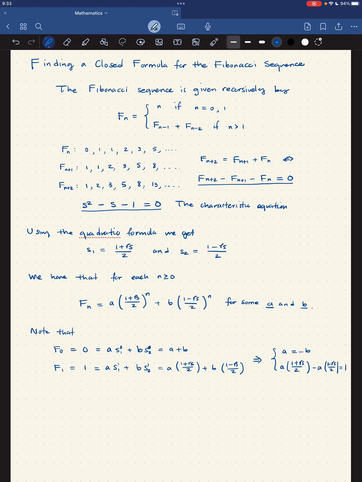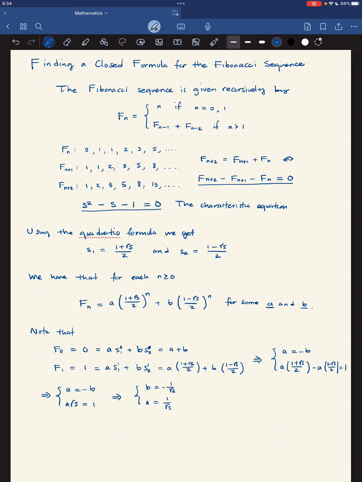From here, I can simplify the second equation into the following. And then I know that b is equal to negative a, and I know now that a is equal to 1 over the root of 5, so b is negative 1 over the root of 5.